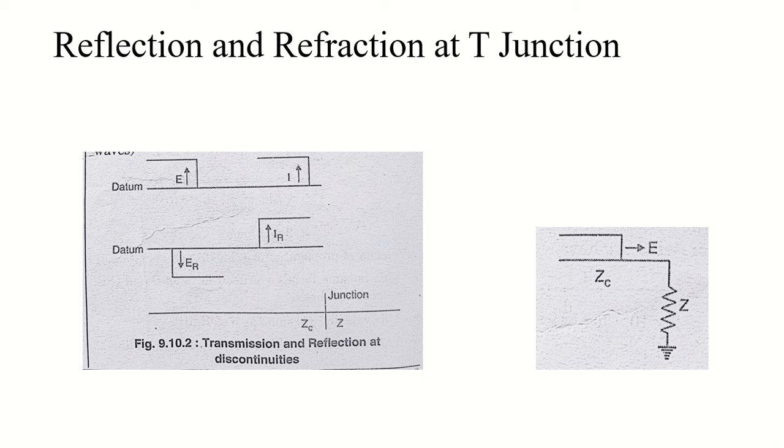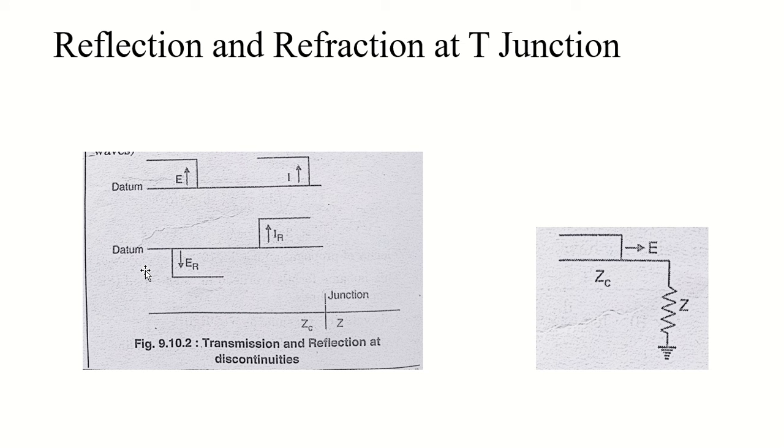So what happens here is, see this image here. The forward waves of the current and voltage are given the same polarities. If the wave is being reflected, the corresponding current and voltage waves are given opposite polarity, right?